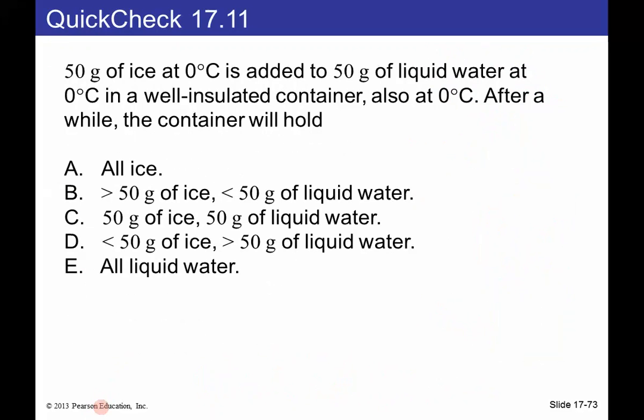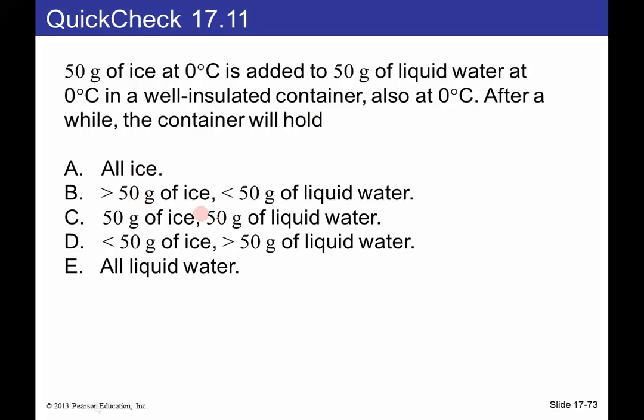Okay, let's go through this question here. We have 50 grams of ice at 0 degrees, and we add that to 50 grams of liquid water at 0 degrees. The container is insulated and also at 0 degrees. After a while, will you have all ice?